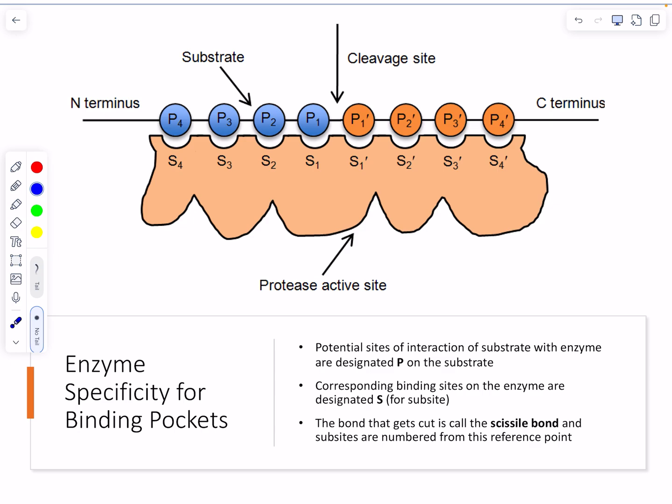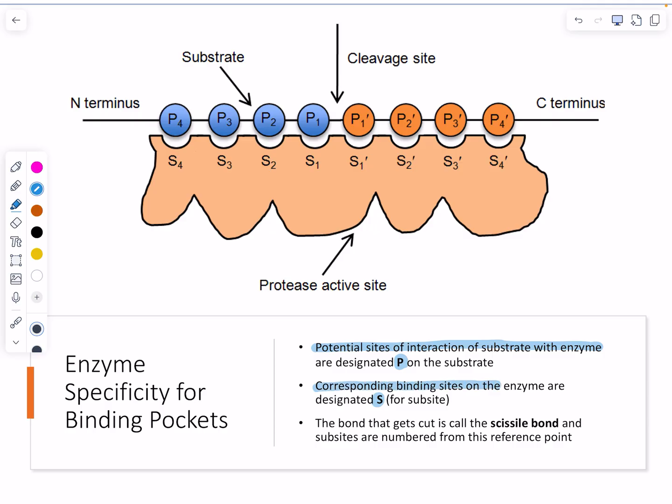And so the terminology that we use is, for sites that are on the peptide, we label P for peptide. Not very shocking, right? So potential sites of interaction of substrate with enzyme are called P on the substrate. And then the partner site on the enzyme is labeled S for subsite.